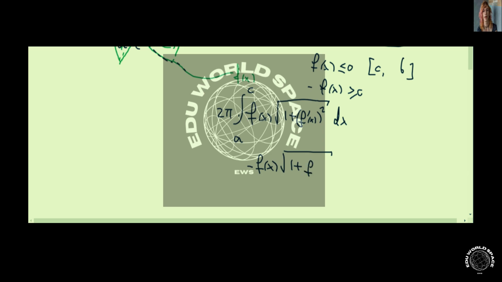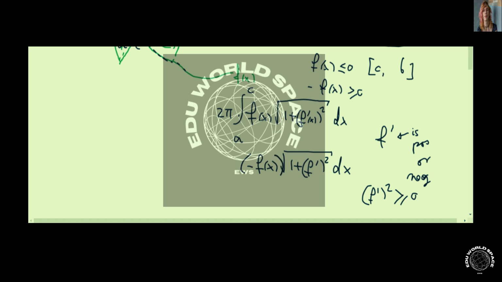Since this term is a square, it doesn't matter if f prime is positive or negative; the square is always greater than or equal to 0, so this part is fine.